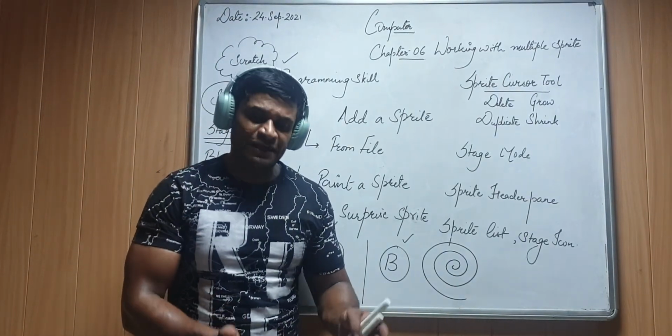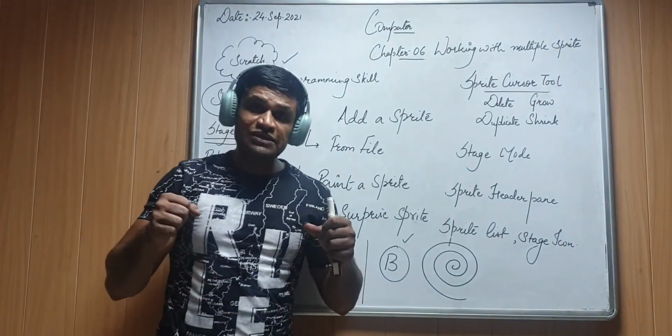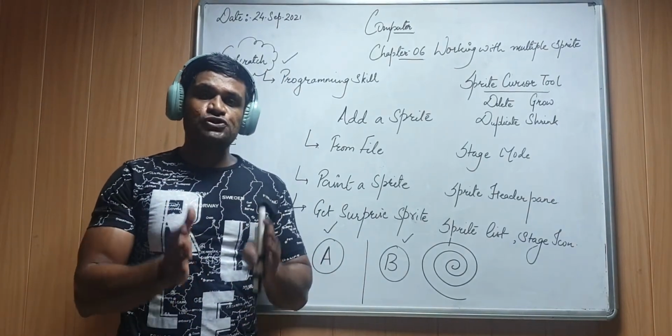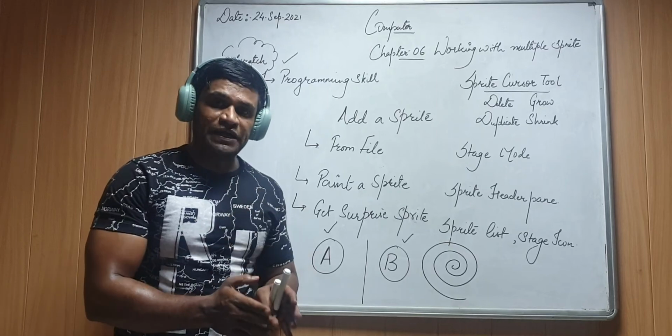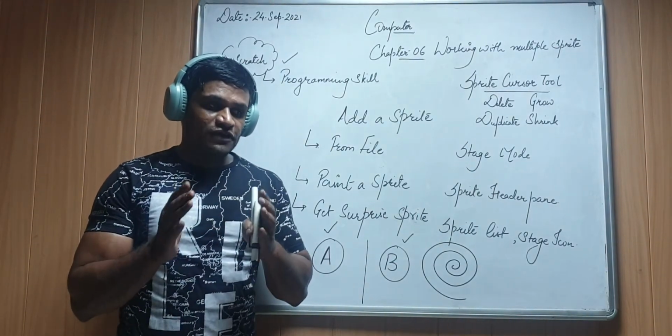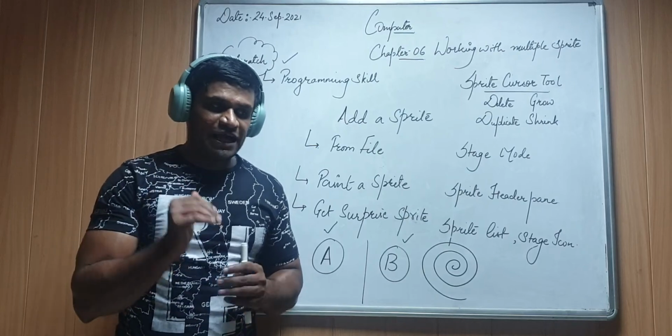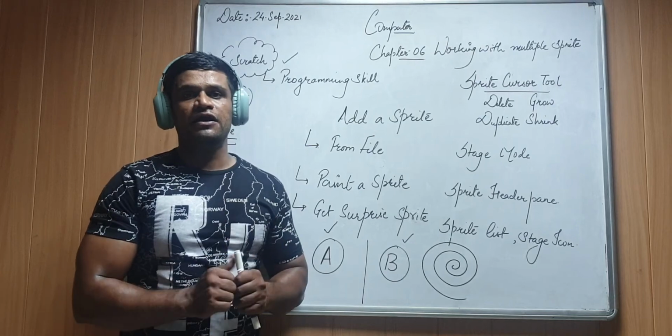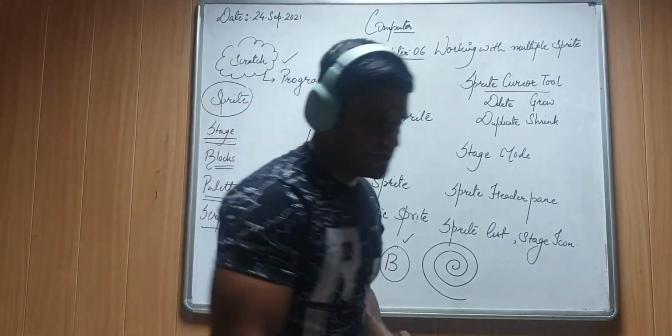Similarly, dog sound, elephant sound, drum sound. All these sounds are available in the program, which you can embed and combine with the sprite. So we have a sound list in which different types of sounds are there. You can select them, embed them, and they will be available with your sprite.